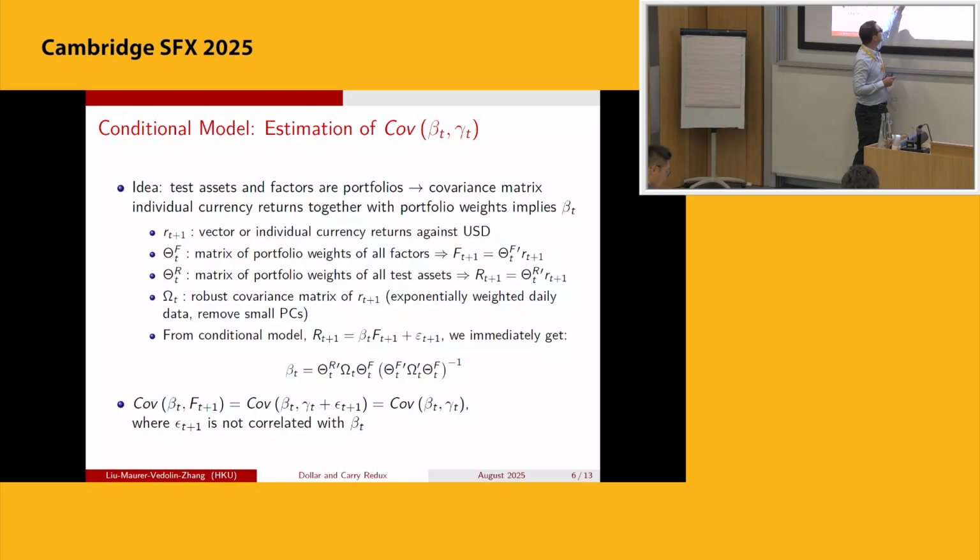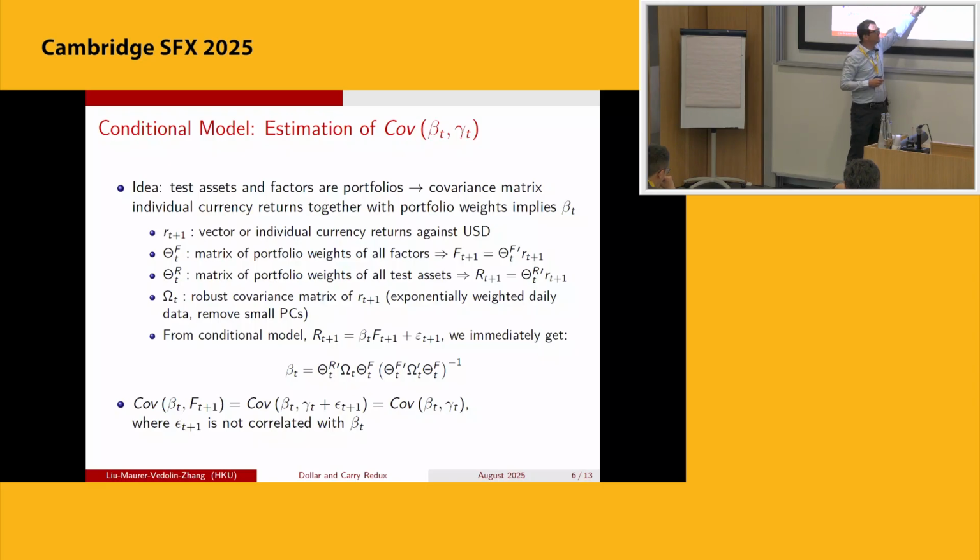And essentially here the beta will be the covariance between test assets and factors, which again depend on these portfolio weights and the covariance matrix of the currencies, times the inverse of the covariance matrix of the factors. So here, you have a very easy way to get this conditional beta.